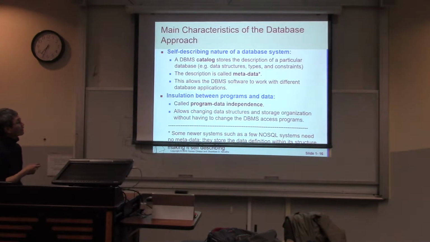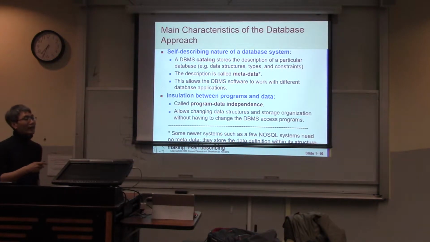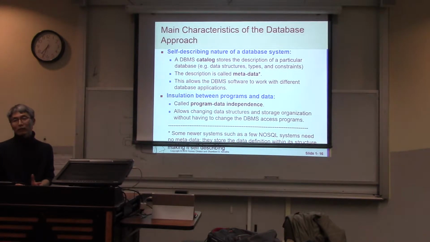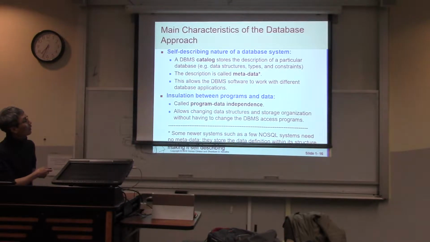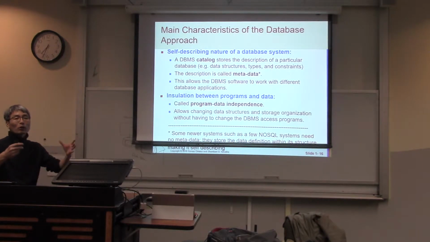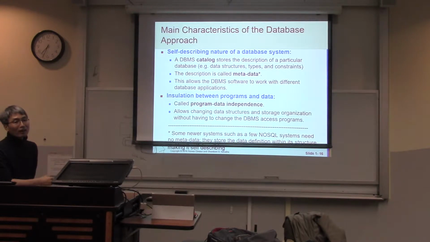Self-describing nature means the database itself has the information about its data inside, in database format. For example, Oracle calls it the catalog database, or in general it's called metadata. Each and every DBMS has its own such metadata, catalog database.